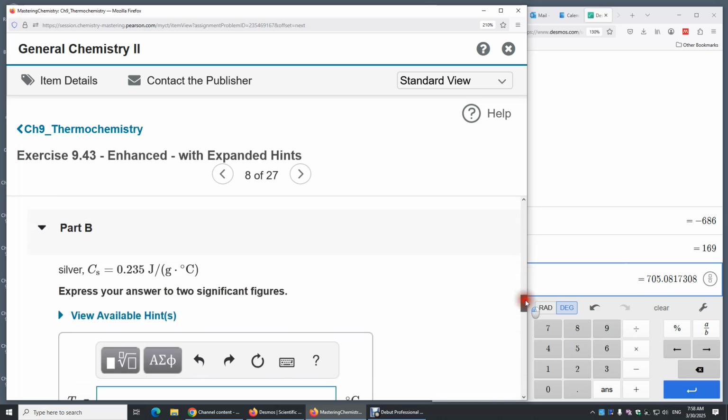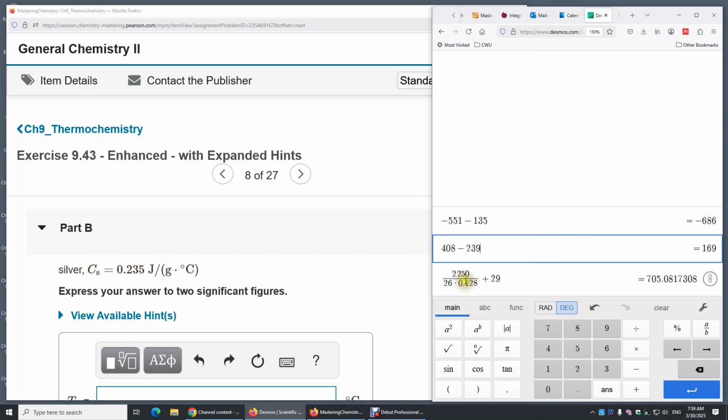Part B, silver. Silver has a larger specific heat capacity. We'll just use the same equation here. We'll replace this specific heat capacity. We get 397.